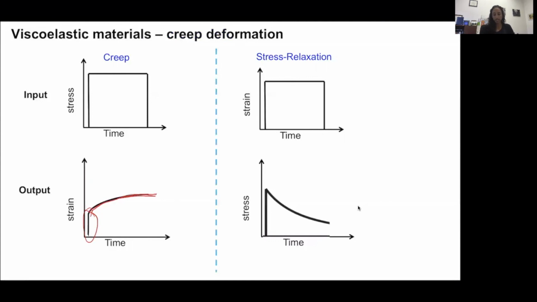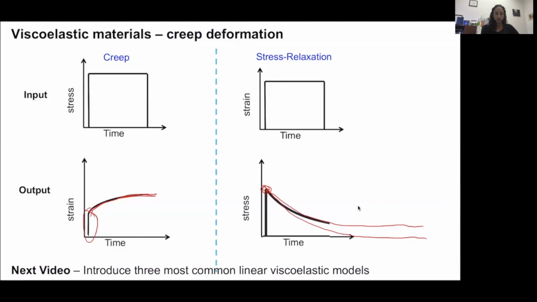And for stress relaxation, where we apply a displacement or a strain that we hold over time, we typically see a response where we have a peak stress, and this peak stress either eventually relaxes down to an equilibrium state, or it eventually relaxes down to zero stress conditions. And so this is typical of what we see in viscoelastic materials.